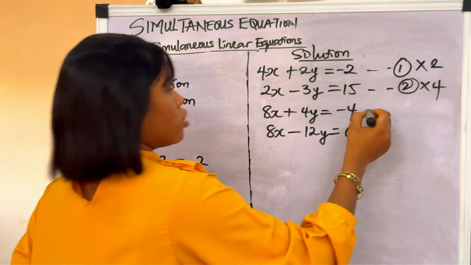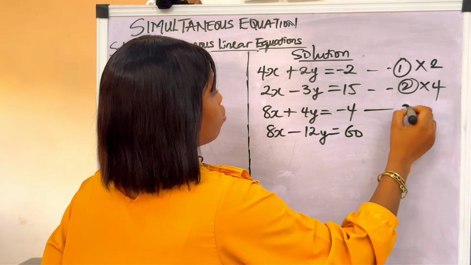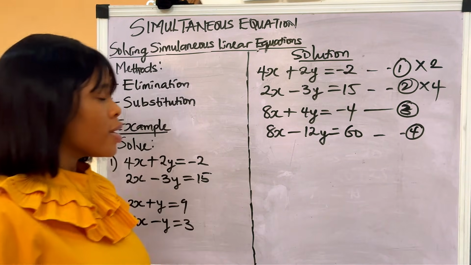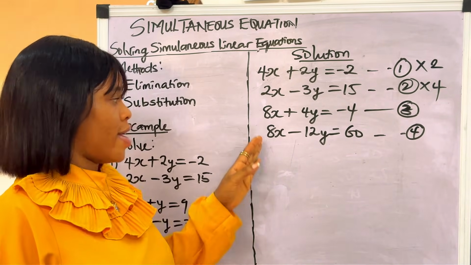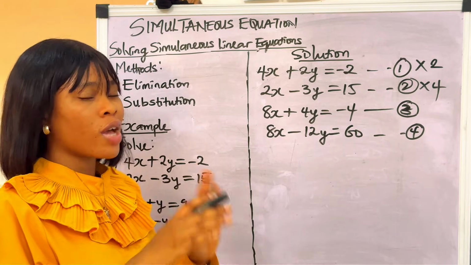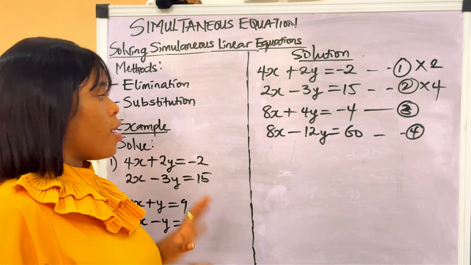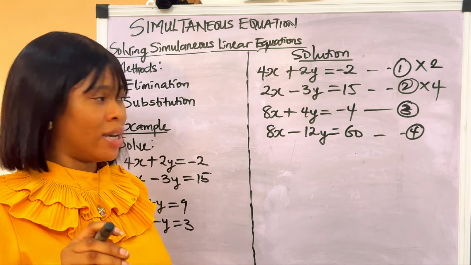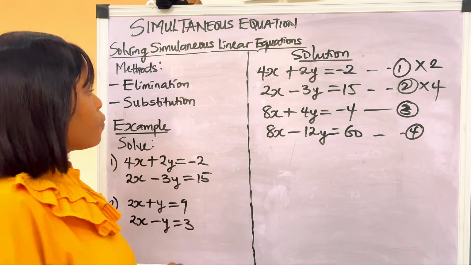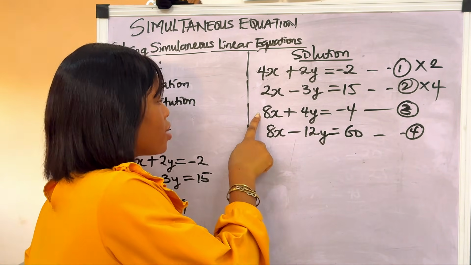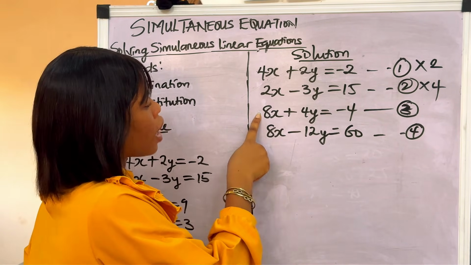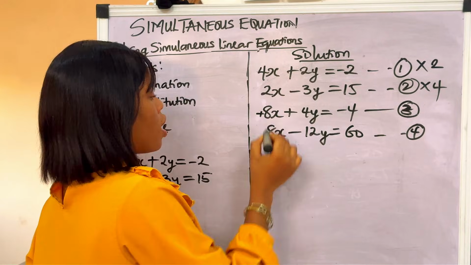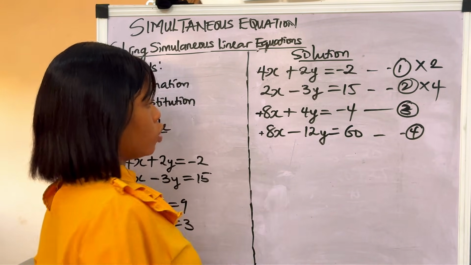Now this becomes our equation 3 and this equation 4. You can see that the coefficient of x in both equations is now the same. The second thing to consider, like I said earlier, is the sign. What sign is this term carrying? It's carrying an invisible plus, and this also an invisible plus.